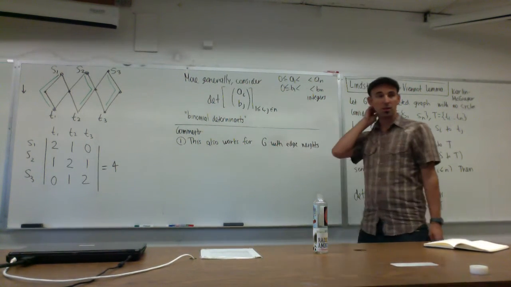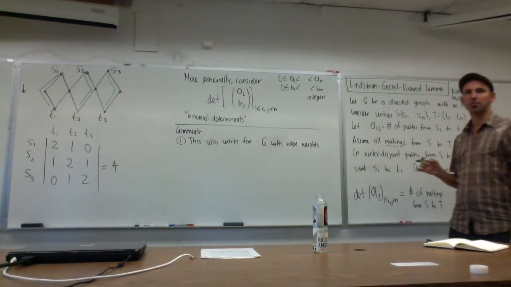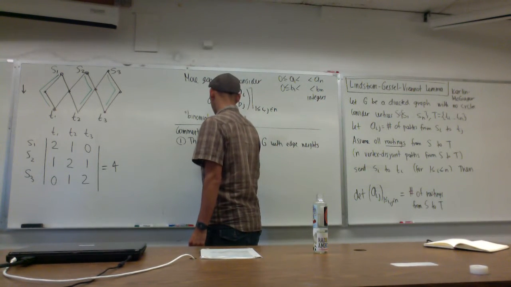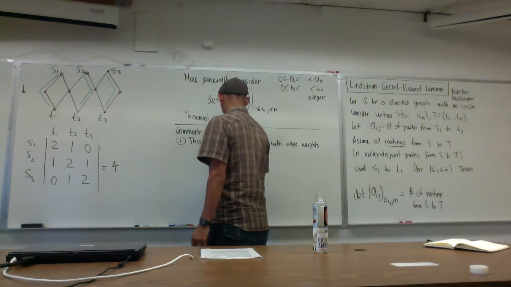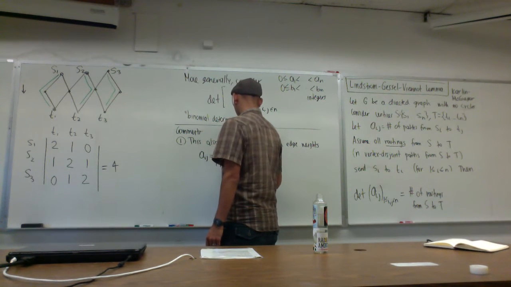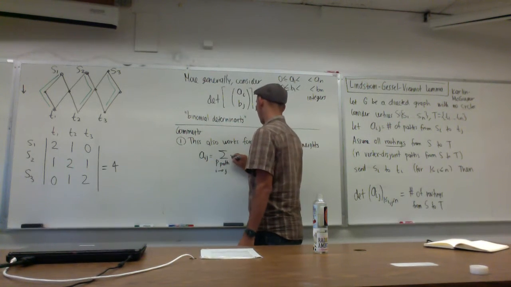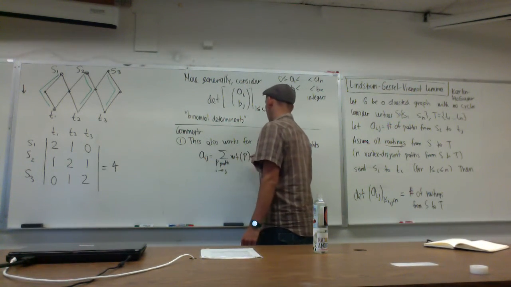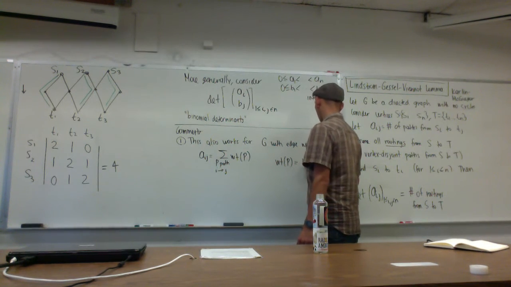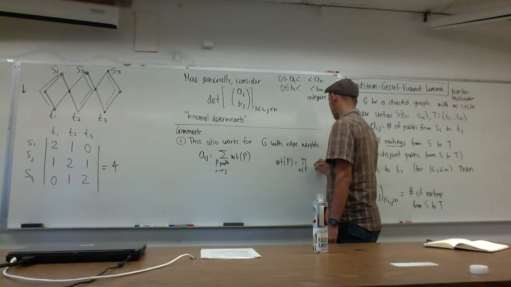Okay, so it might be that in your graph G you associate a weight to each edge, okay? And then if so, you define Aij to be the sum over the paths from i to j of the weight of the path, where the weight of a path is the product of the weights of the edges.